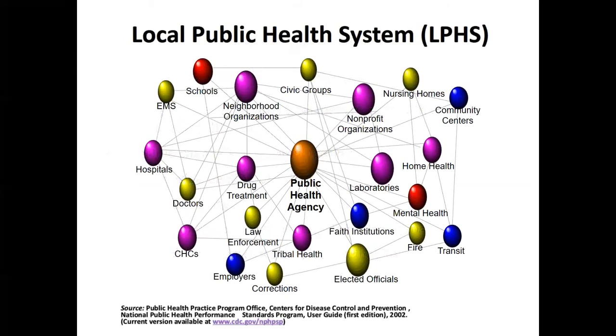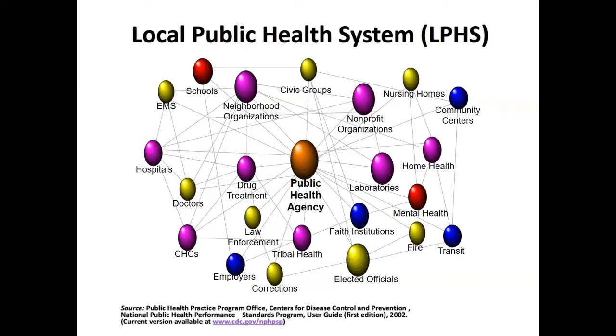The public health system includes all public, private, and volunteer entities that contribute to public health activities within a given area. Entities within a public health system can include hospitals, physicians, managed care organizations, environmental health agencies, social service agencies, educational systems, community-based organizations, religious institutions, and many others. All of these organizations play a role in working to improve the public's health.